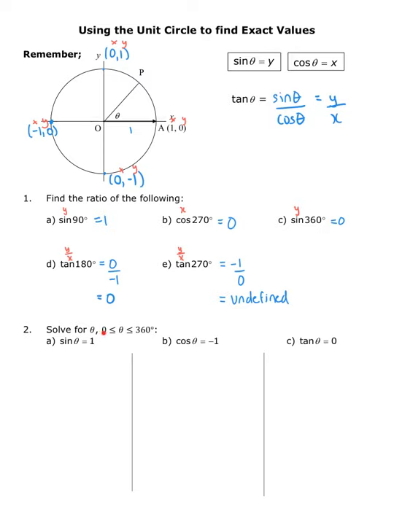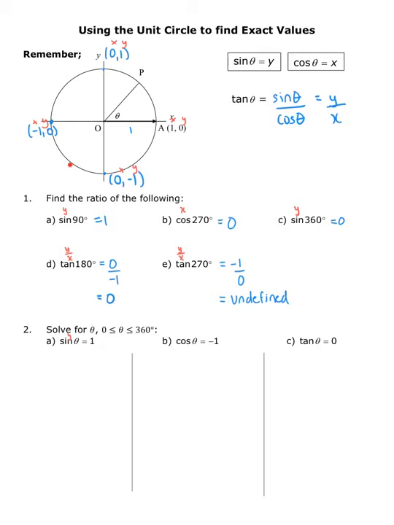Of course, we have to restrict our interval because there's actually an unlimited number of answers if we don't restrict. So we always have to restrict. So here it's between 0 and 360. We're looking for sine. So now we're going to go to the unit circle and see anytime the y value is equal to 1. So here it's 0, up here it's 1, the positive y-axis, then it's 0 again, and then -1.